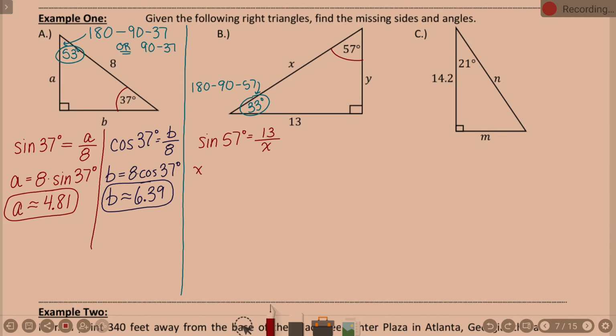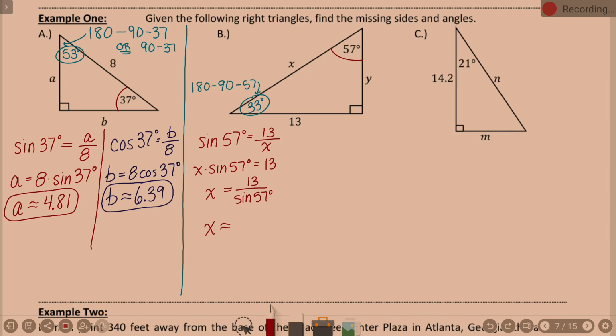So it's going to be x times the sine of 57 degrees, and that equals 13. Then, to get x by itself, I need to divide. So I'm going to do 13 divided by sine of 57 degrees. Okay?